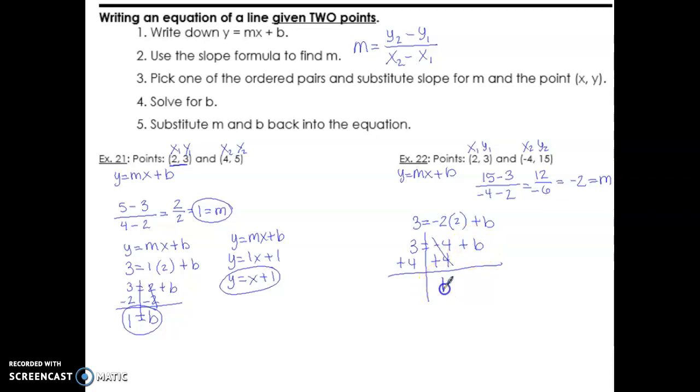We're left with b on the right, and 3 plus 4 is equal to 7. So b is 7, and m is negative 2. So y is equal to mx plus b. My m is negative 2. y is equal to negative 2x plus my b, which is positive 7, plus 7. This is your final answer.